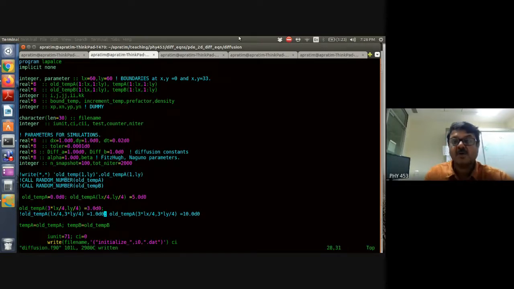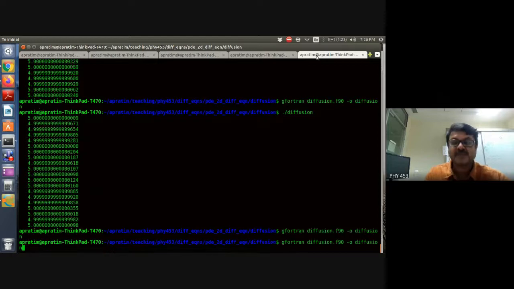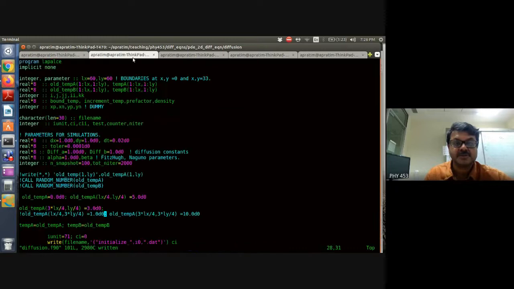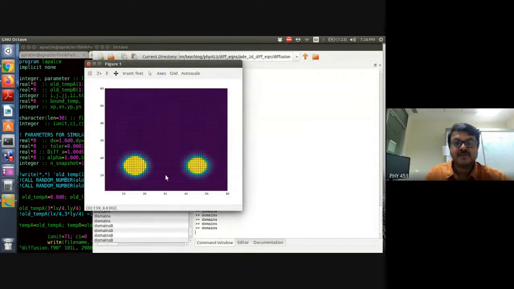And now we can see two different droplets of different density spreading out. How would it look? Let's try to visualize it. Now look, 3 plus 5 equal to 8 is the total amount of conserved mass. If we visualize it, you see there are these two domains.